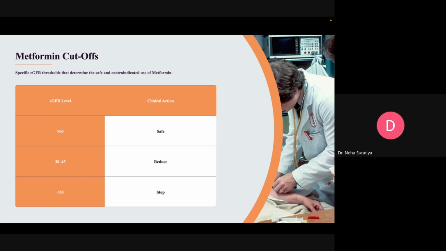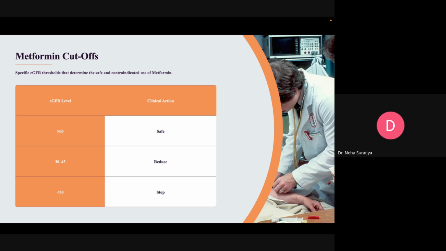If the filtration rate is higher, that means the kidneys are working well. If it is decreasing to between 30 and 45, that means clearance is reduced, filtration is reduced, and here you need a dose reduction. Okay, the clinical action will be reducing the dose.